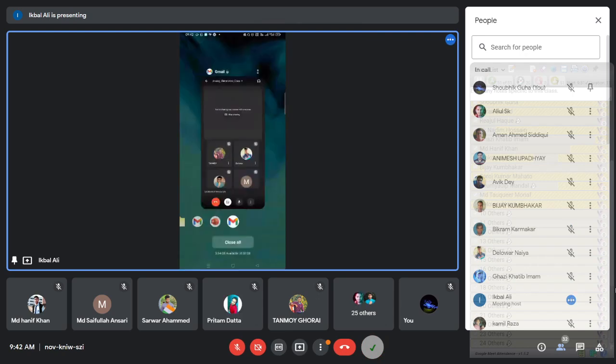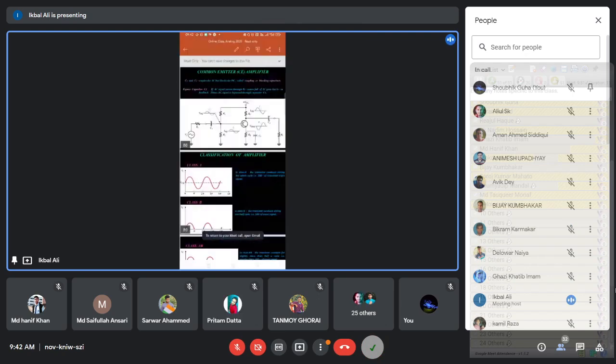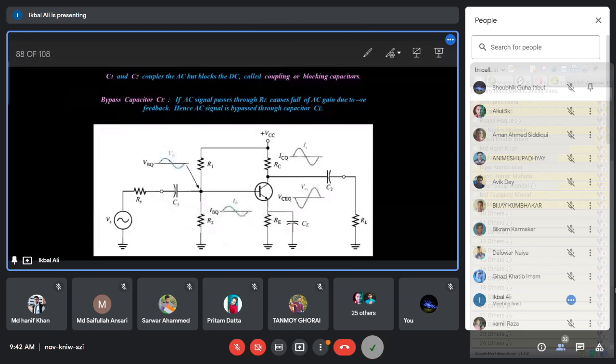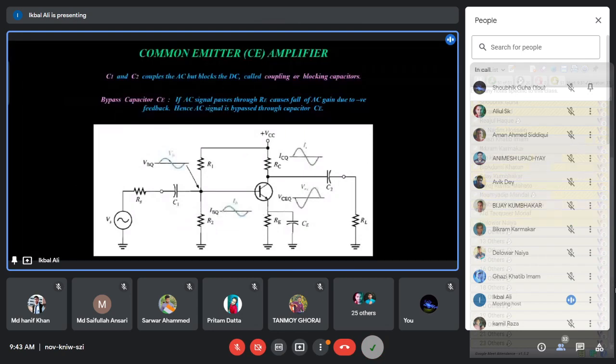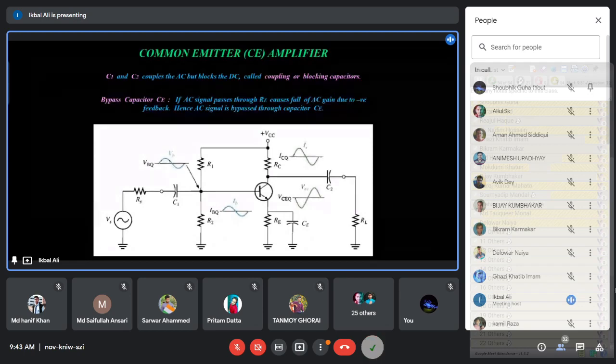It says that if the impedance of the source and the load connected to the source are not matching, then maximum power will not be delivered from the source to the load. So this is the maximum power transfer theorem. To maximize the power transfer from the source to the load, the load impedance should be the same as the source impedance.